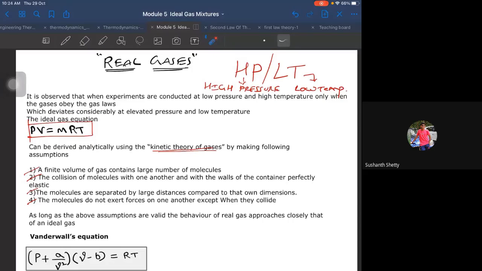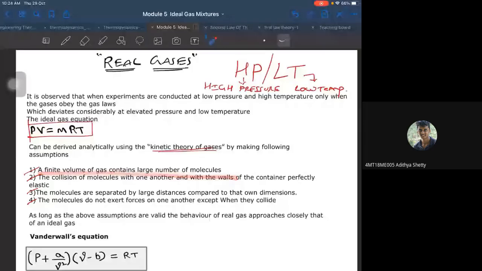Can anyone read the first assumption? A finite volume of gas contains a large number of molecules. In the sense, if this is a finite amount of volume that you have fixed for your study, it has a large number of molecules, so large that there is no gap between the molecules.